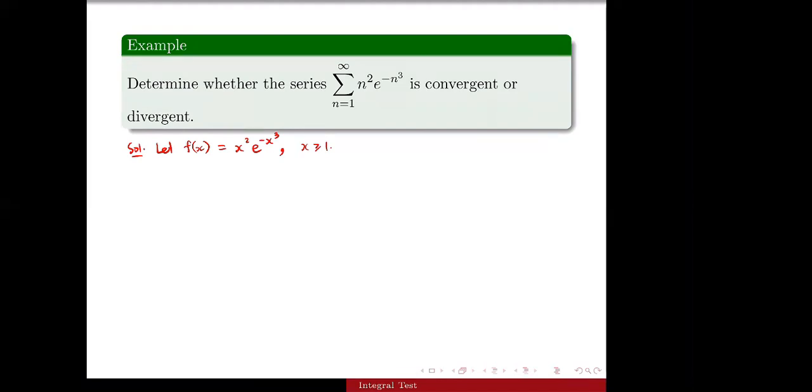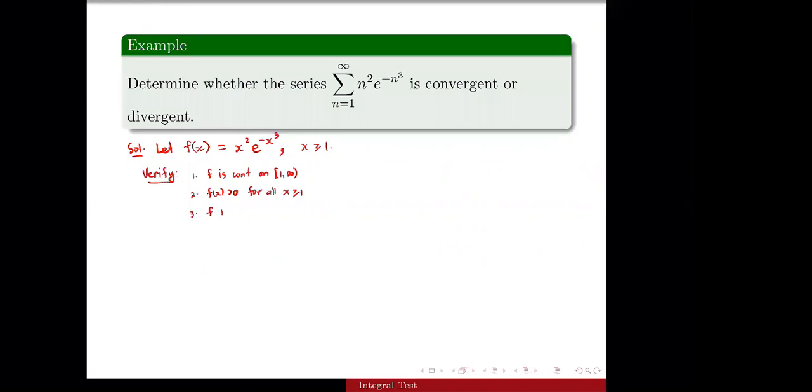So try to verify all the conditions needed. One, f is continuous on the interval 1 up to plus infinity. Two, f of x is greater than 0 for all x greater than or equal to 1.